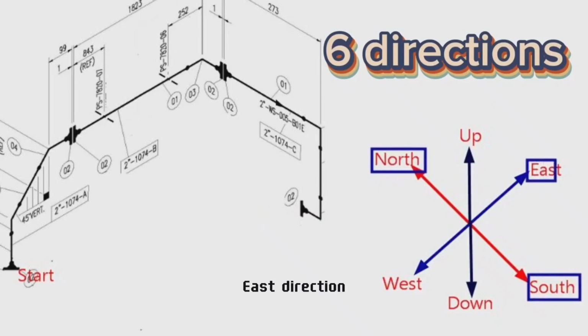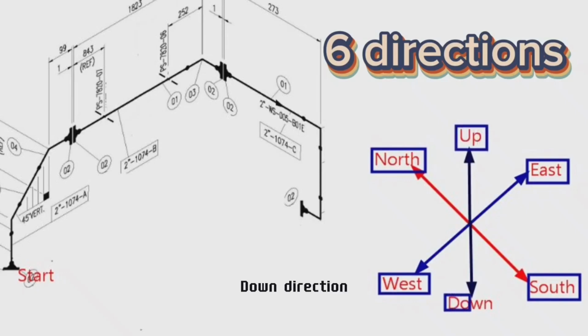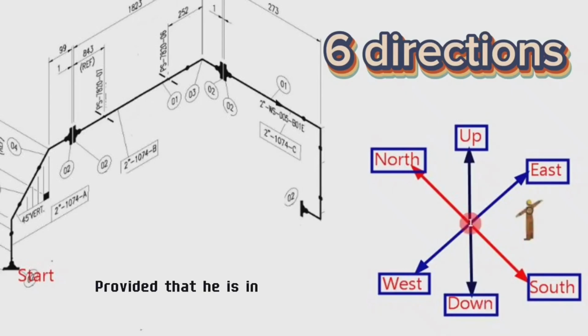East direction. West direction. Up direction. Down direction. The person reading the drawing should imagine himself facing north, provided that he is in the center of these directions. Now that we know the names of the directions, we can start to read this drawing.